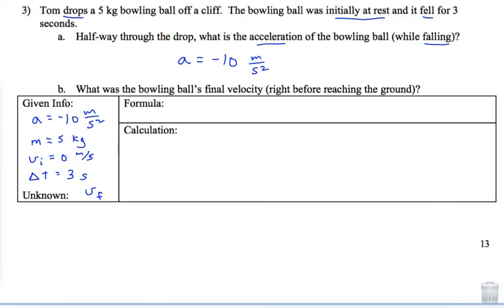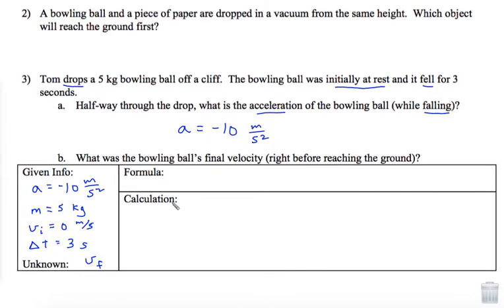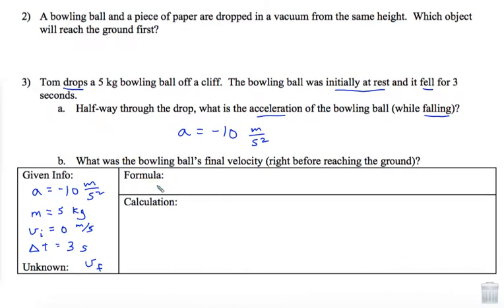It's 0. We have A. It's negative 10 meters per second squared. And we have delta t. It's 3 seconds. So that's the formula we can use. VF equals VI plus A times delta t.